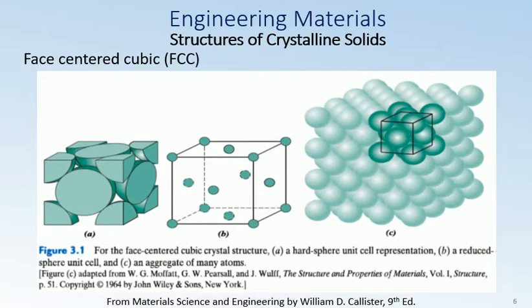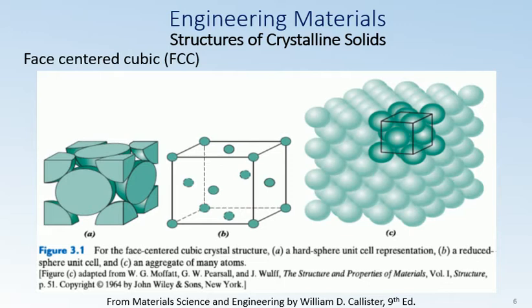Okay, now the first crystalline structure that we will study is called face-centered cubic. As the name suggests, this face-centered cubic structure is shown in figure 3.1 from your textbook. A hard sphere unit cell representation on the left side of your slide in green shows one atom in the center of the face.